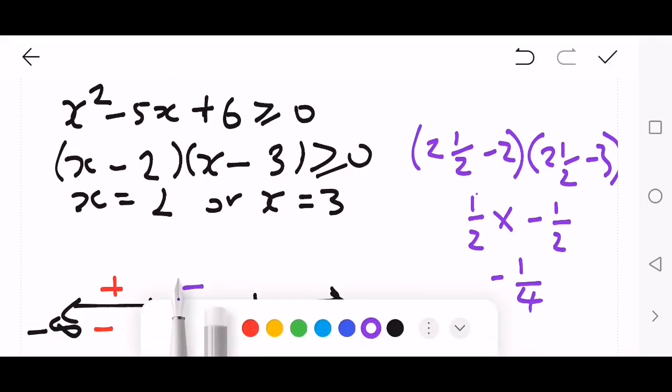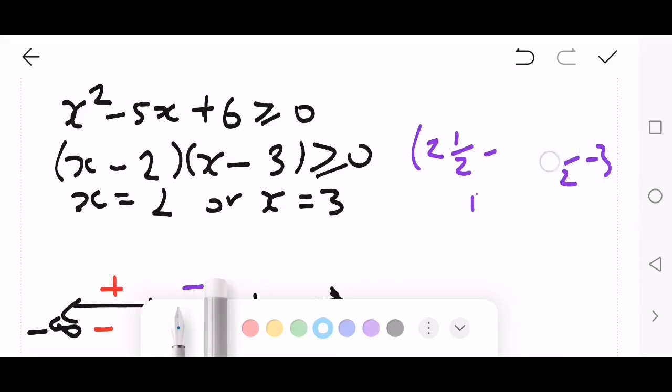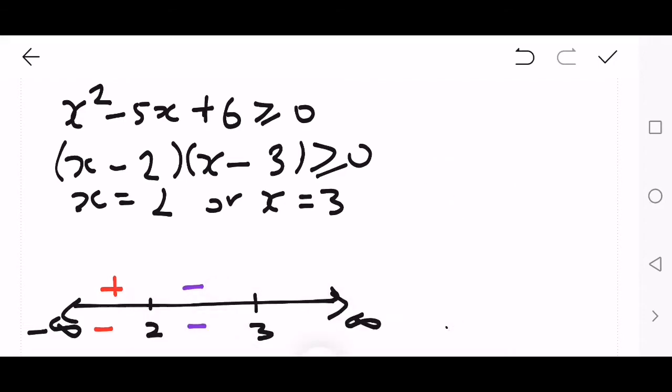Choosing another number, a number from here. This can be a 4.